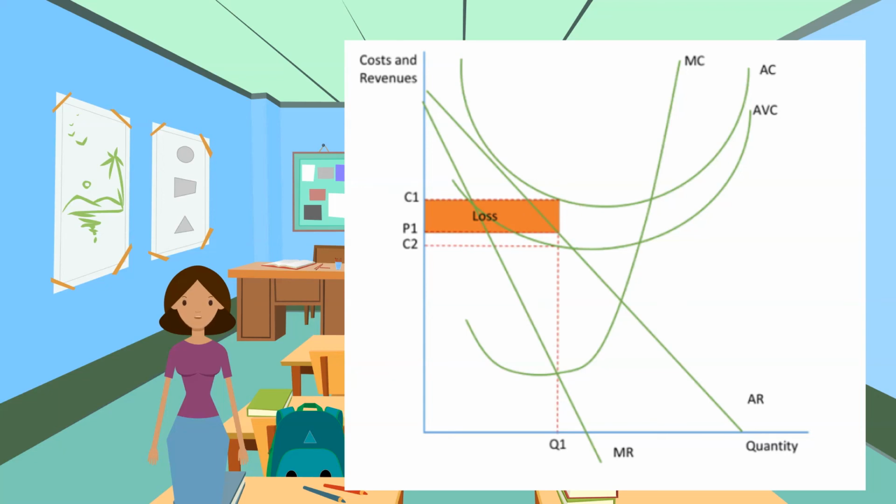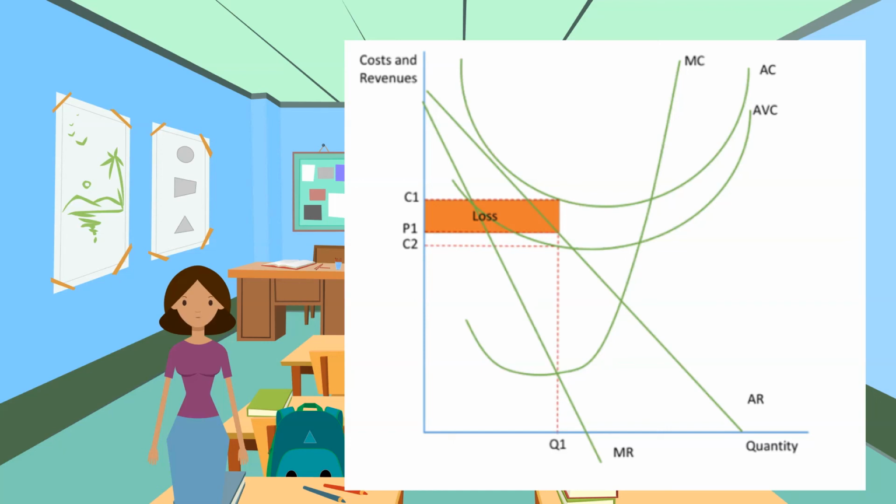This is at the point where average costs equal average revenue or total costs equal total revenue. If the profit is greater than normal profit, it is earning supernormal, abnormal, or monopoly profit. This occurs where average revenue is greater than average cost or total revenue is greater than total cost. A loss is where the firm fails to cover its costs: average revenue is less than average cost or total revenue is less than total cost.